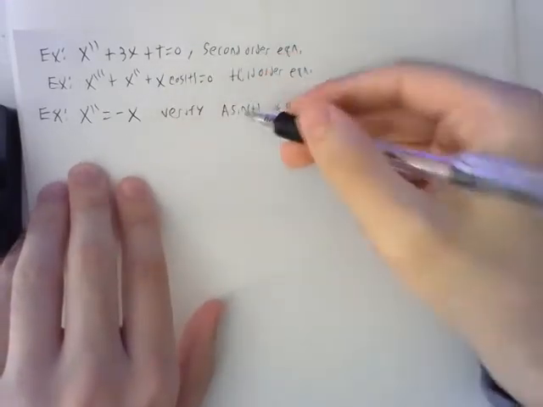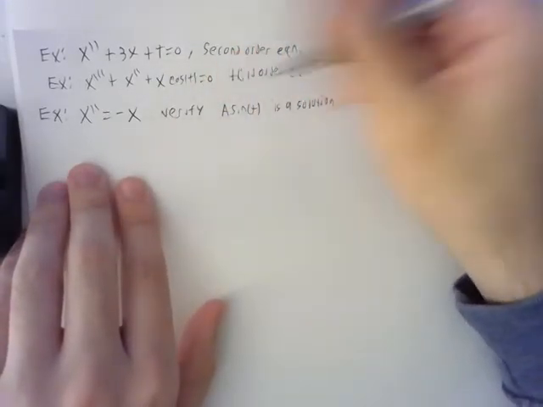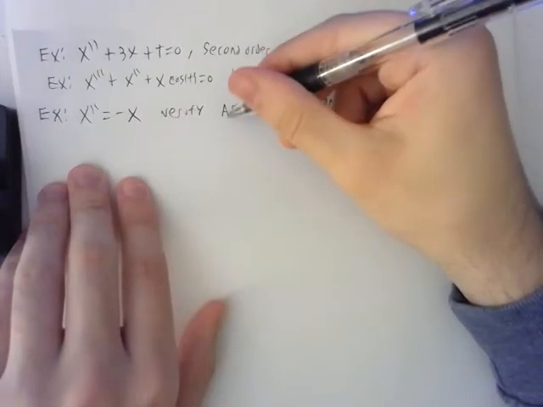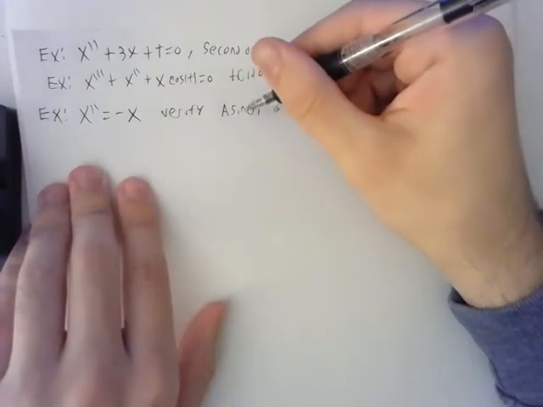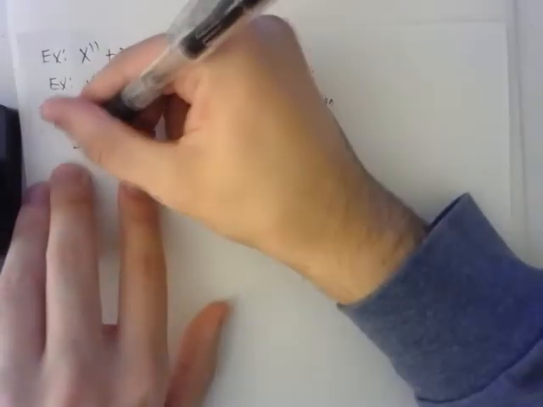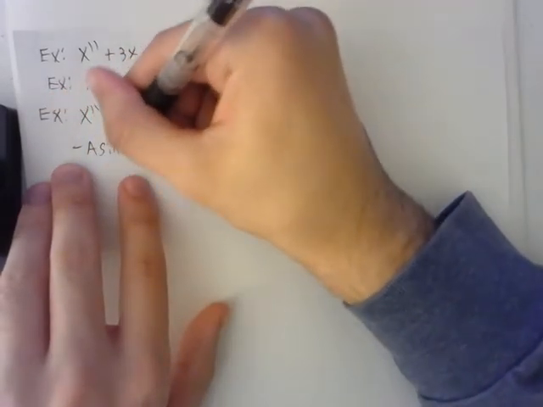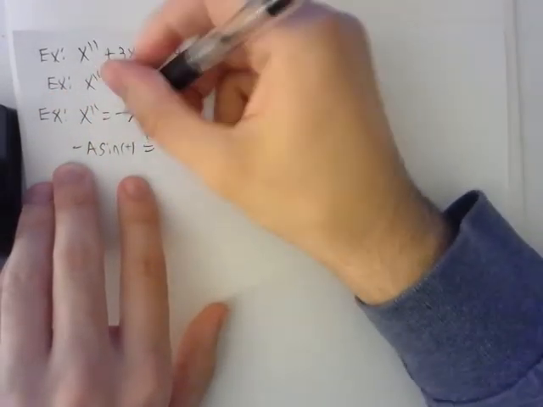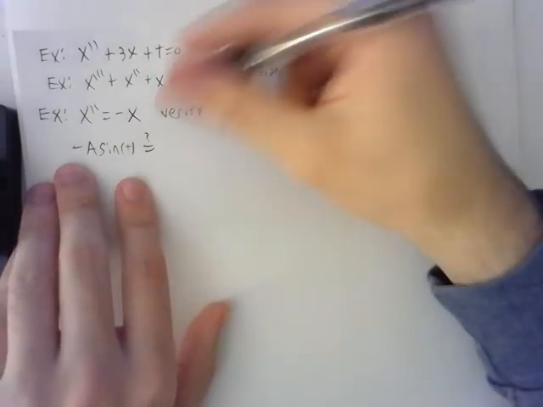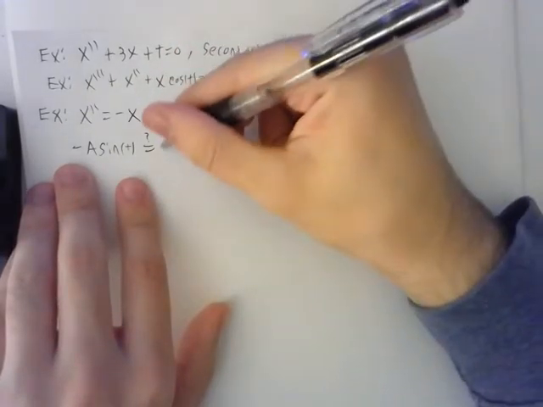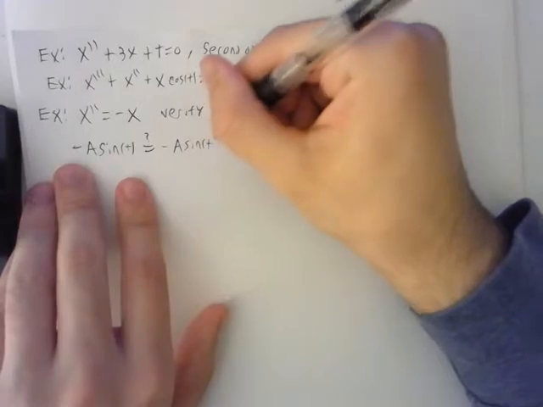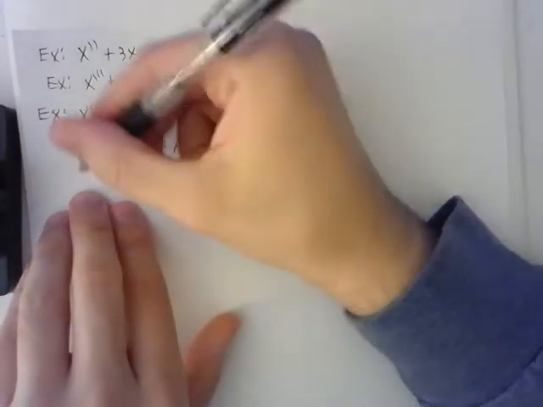Well, you would take the second derivative of this function. So the first derivative is a cosine of t, the second derivative is negative a sine of t. So we'd have negative a sine of t, and that would have to be equal to what's on the right hand side, but since that's just negative x and x is this, we immediately see that the equation is satisfied.